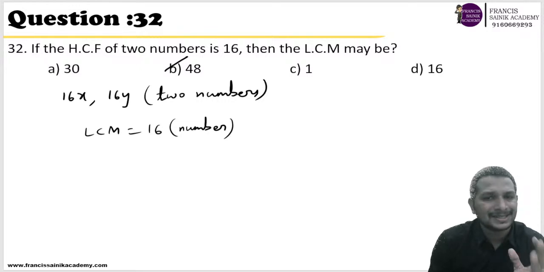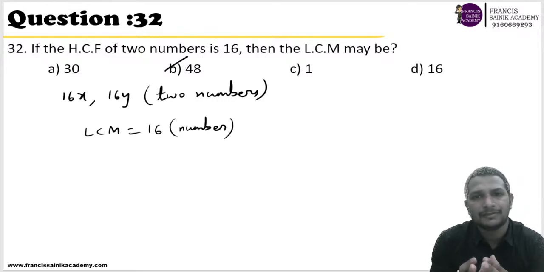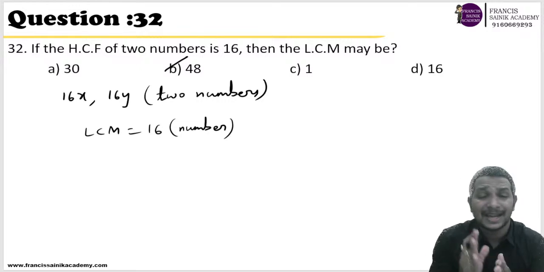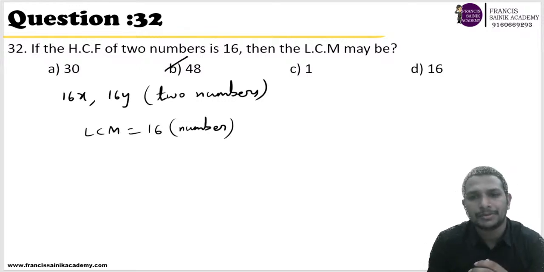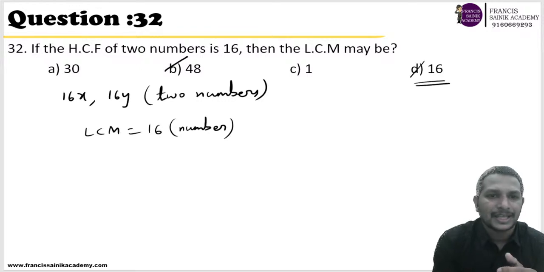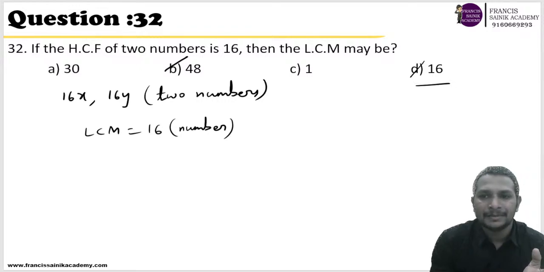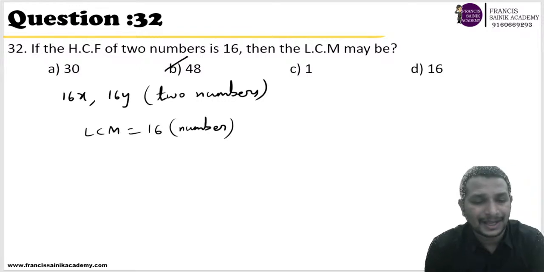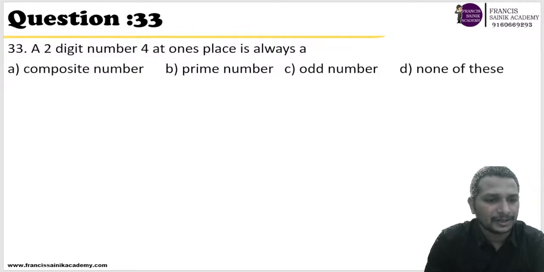We can't say exactly what it is from this data, but the HCF is itself 16, so the LCM can't be 16 again. It has to be a larger multiple. According to this problem, what is the answer? Okay, next question.